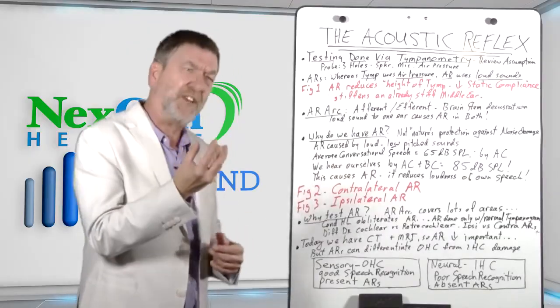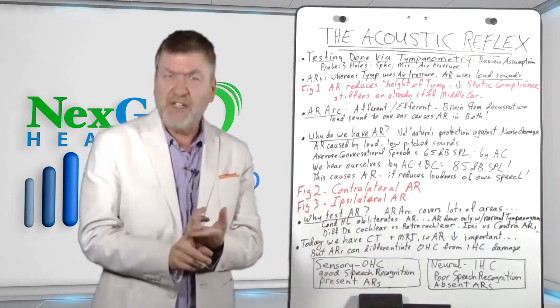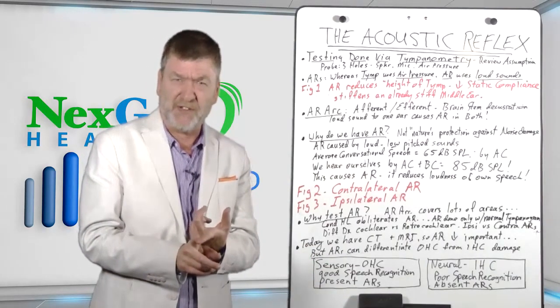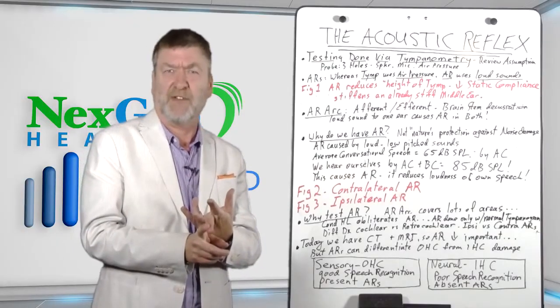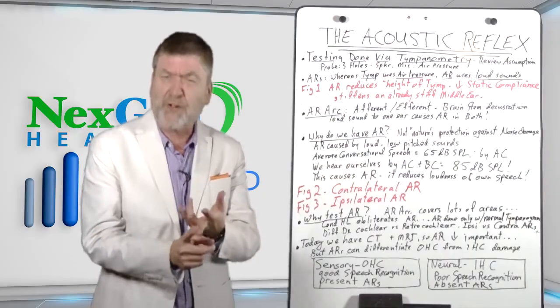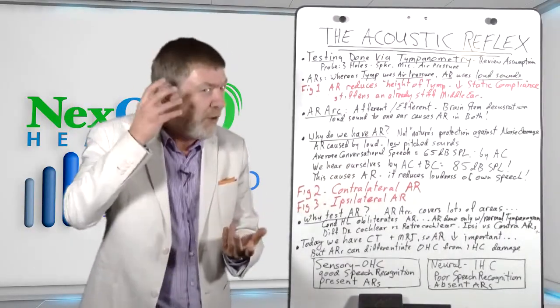And in those days, now think of the 1970s when all of this came out, CT scans didn't exist very much. They only came out in '71, I think. MRIs barely existed at all. So differential diagnosis of eighth nerve neuromas, brainstem lesions, cochlear loss.